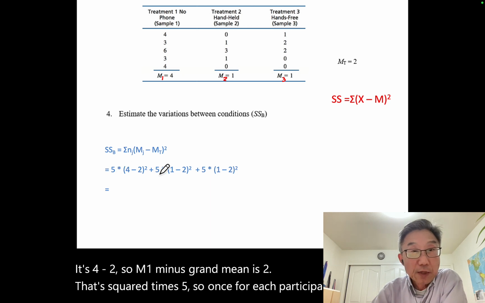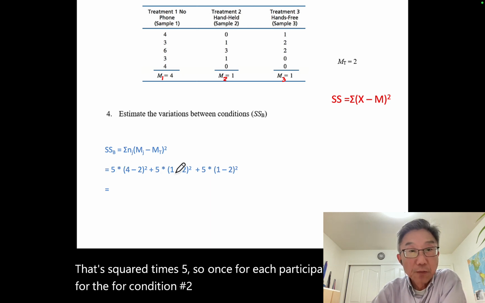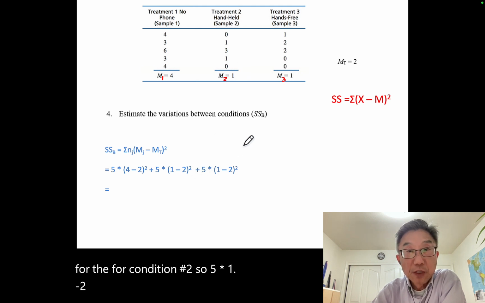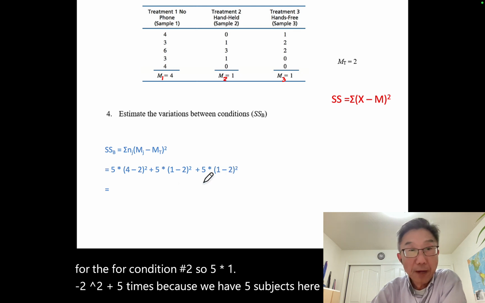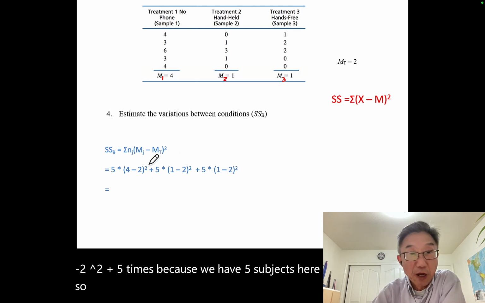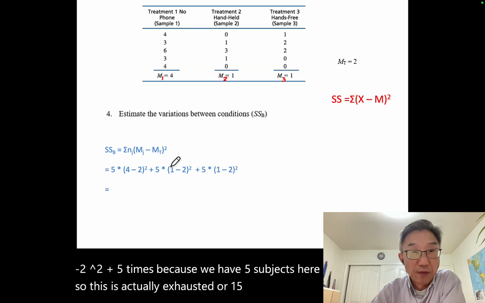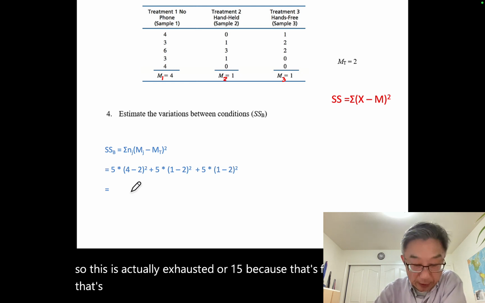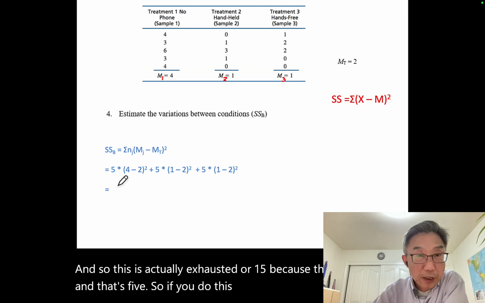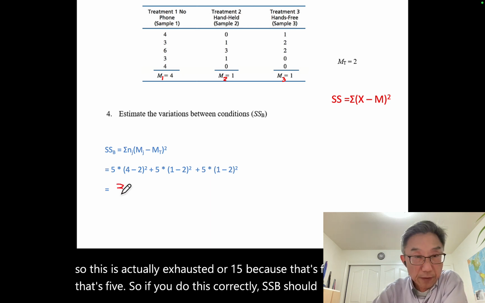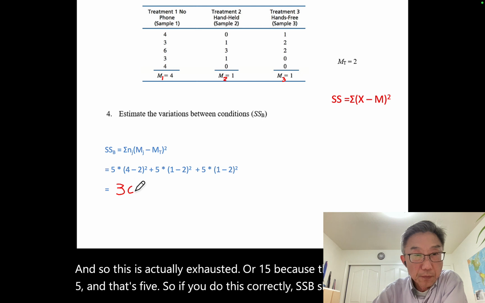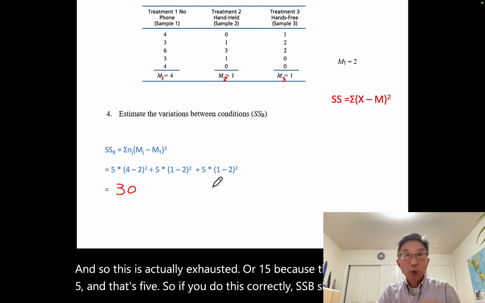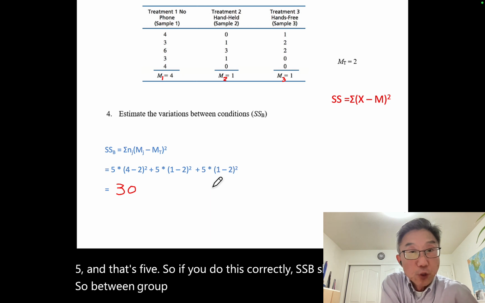Same thing for condition number 2: 5 times 1 minus 2 squared, plus 5 times, because we have 5 subjects here, 1 minus 2 squared. And so this has exhausted all 15, because that's 5, and that's 5. If you do this correctly, SSB should equal 30. So between group variation, sum of squares B, between, equals 30.